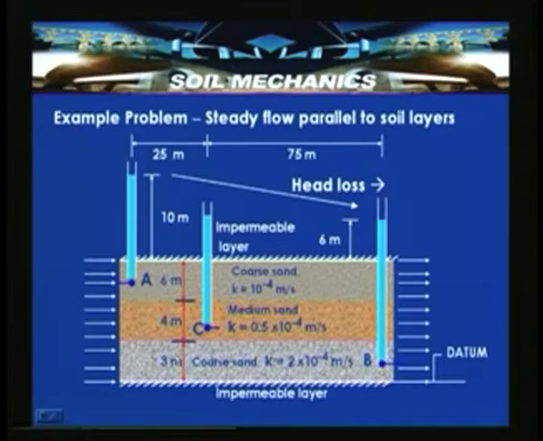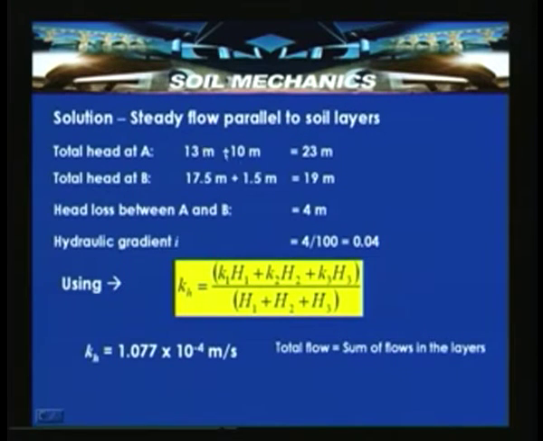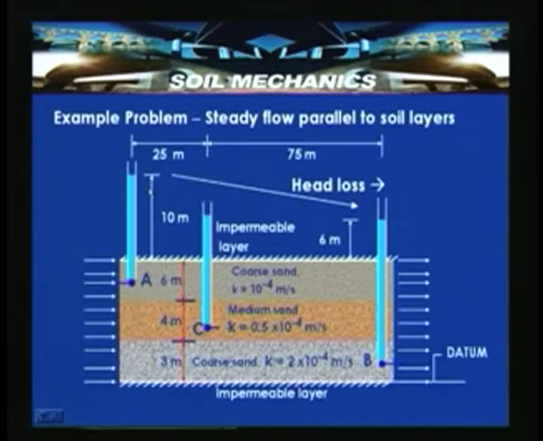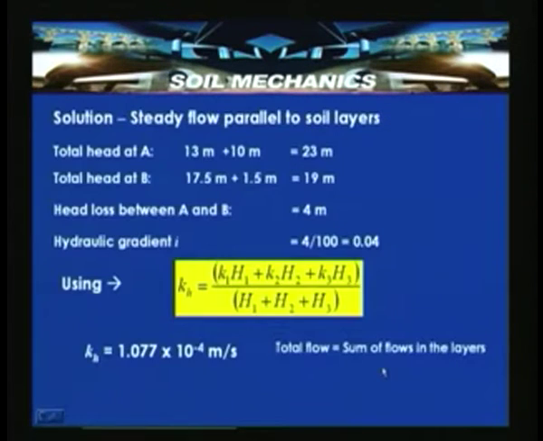The total head is elevation head plus pressure head, which is around 23 meters. The total head at B, again, has an elevation head of 1.5 meters, and the rest is the pressure head. So, the total head available at B is 19 meters.